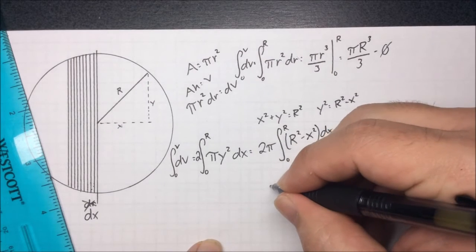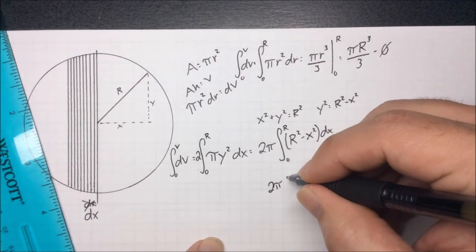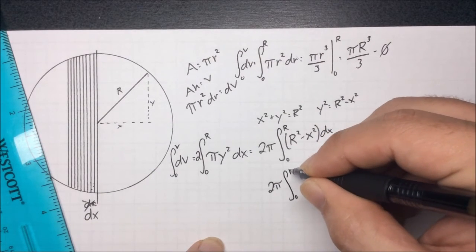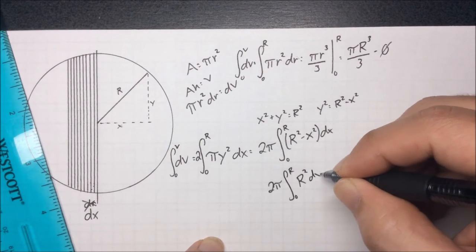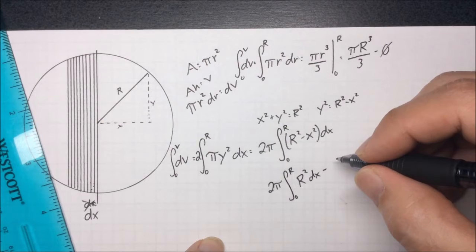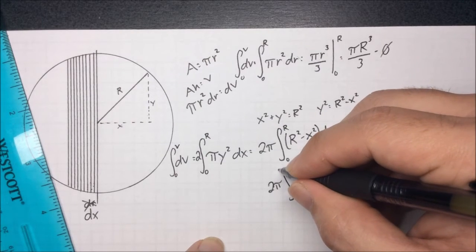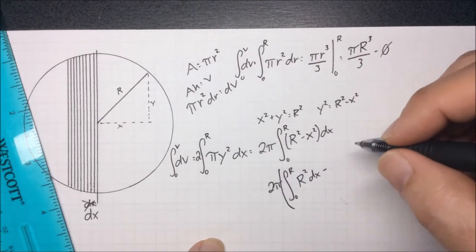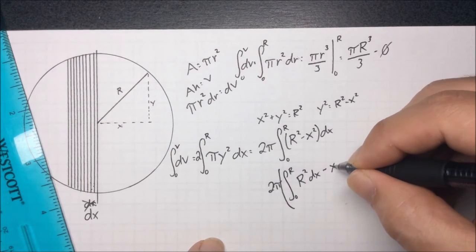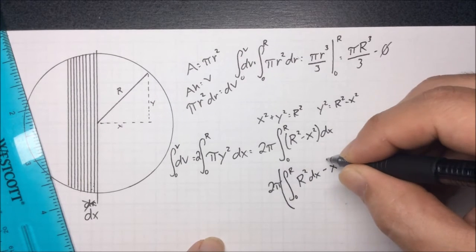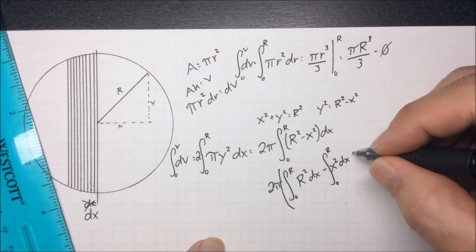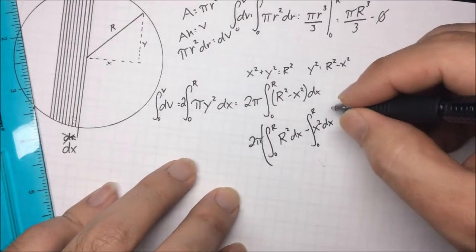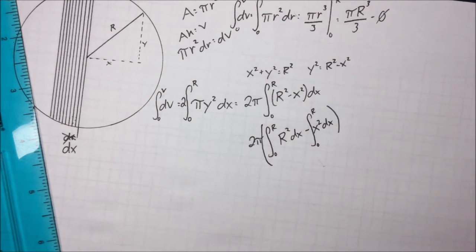If you really wanted to see it, we can say 2 pi, the integration from 0 to r of r squared dx minus, I guess this is going to be a big parentheses out there, minus x squared dx, and the integration of that from 0 to r. And that 2 pi is on the outside of everything.